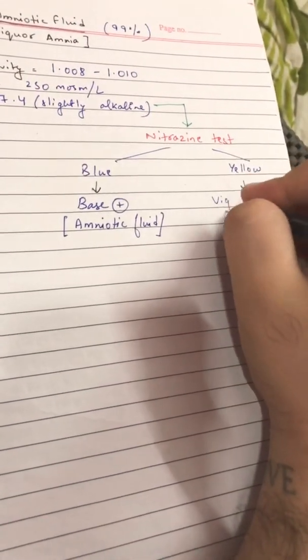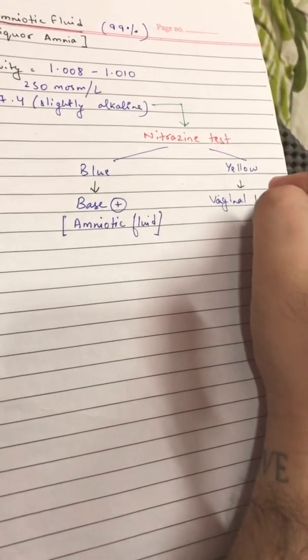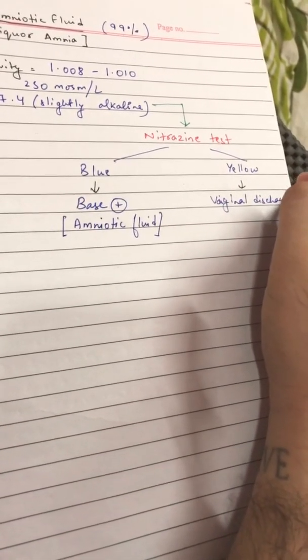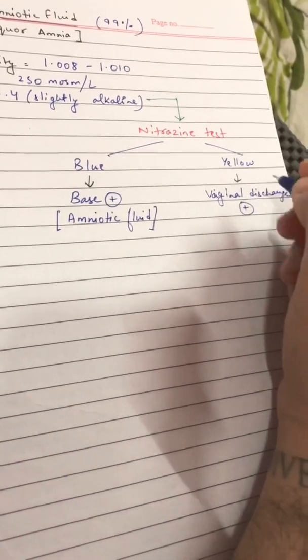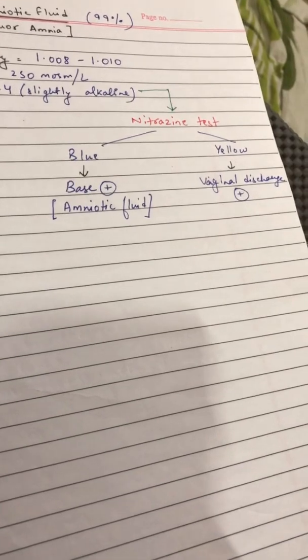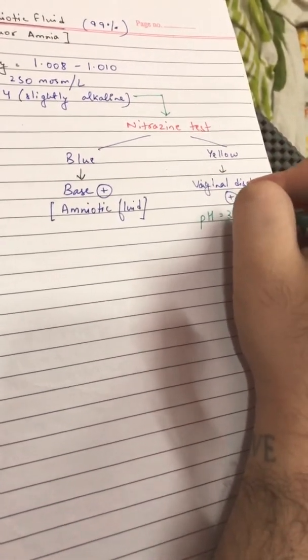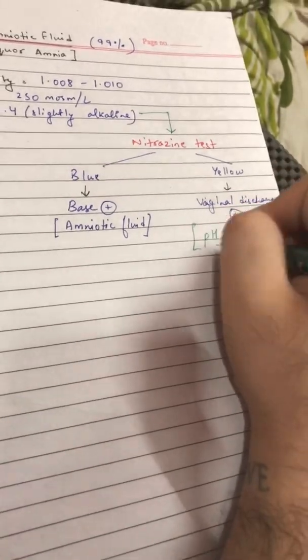But whenever it's yellow, it means that any abnormal vaginal discharge is present. So the pH of the vagina during pregnancy is 3.5. It's very acidic. It's a very important point.